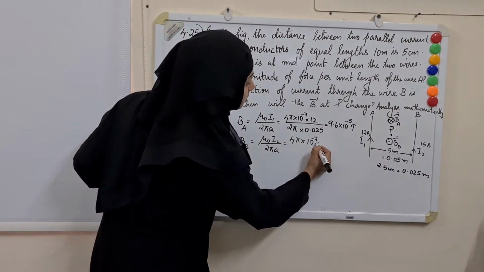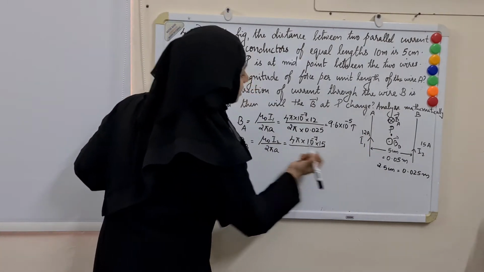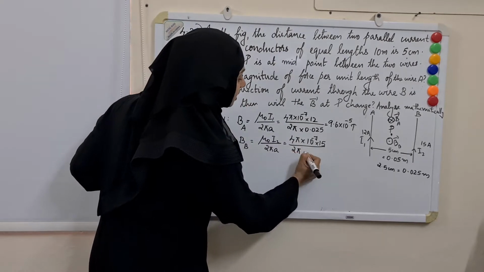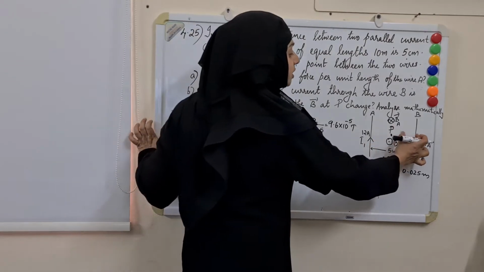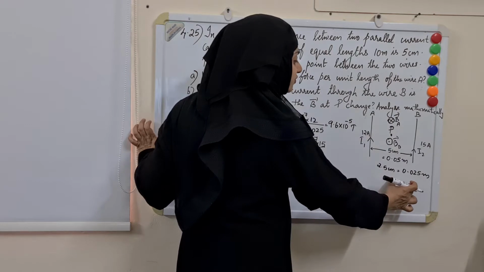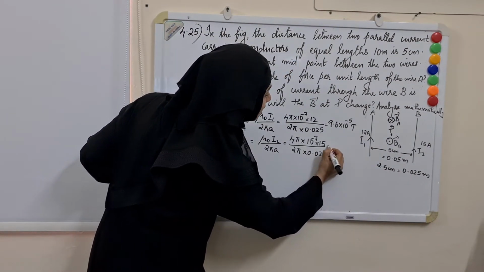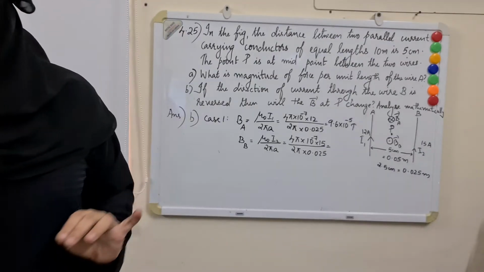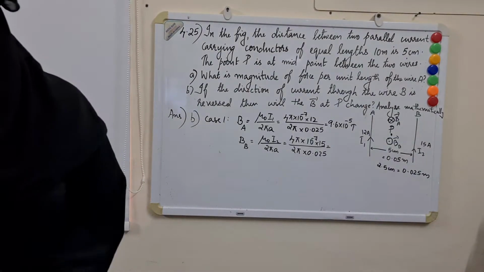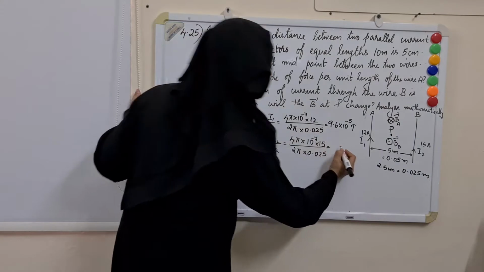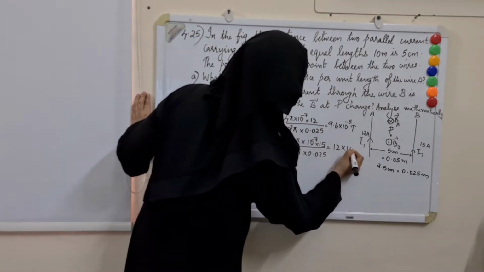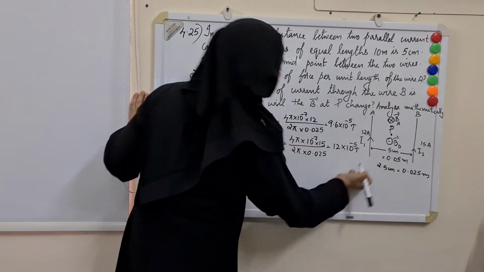So it's equal to 15 ampere divided by 2 pi times the distance from B to P, also 2.5 centimeter. So I'll be using 0.025, and what is the answer? It's 12 into 10 raised to minus 5 Tesla.